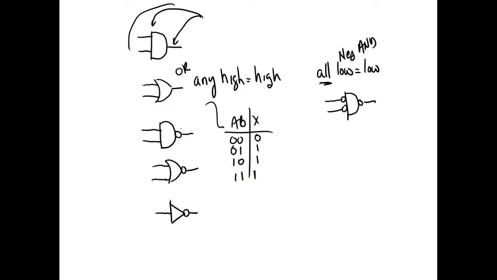Yeah. Is this all lows? Yeah. Is this all lows? Yeah. So over here it says all lows equal a low. That means this truth table and these truth tables are exactly the same. One of them is the positive logic symbol, and one of them is the negative logic symbol.